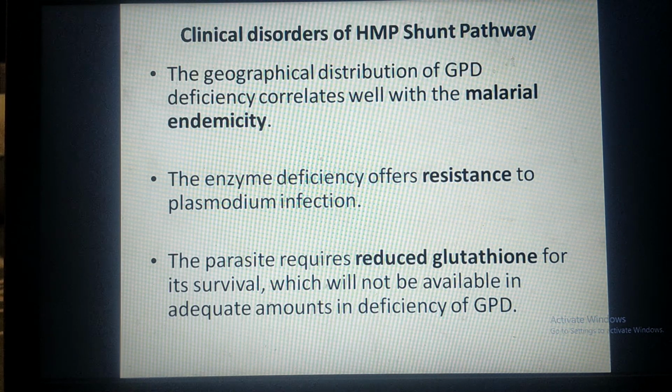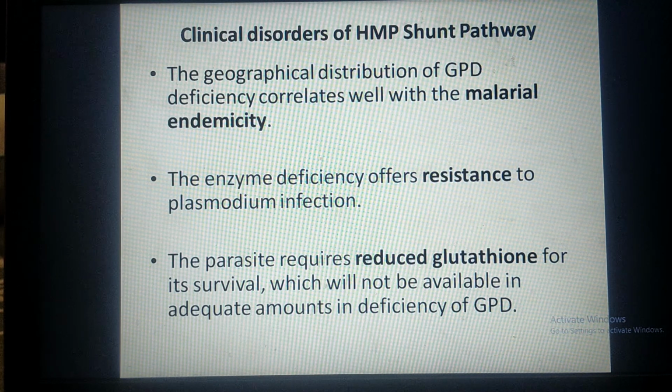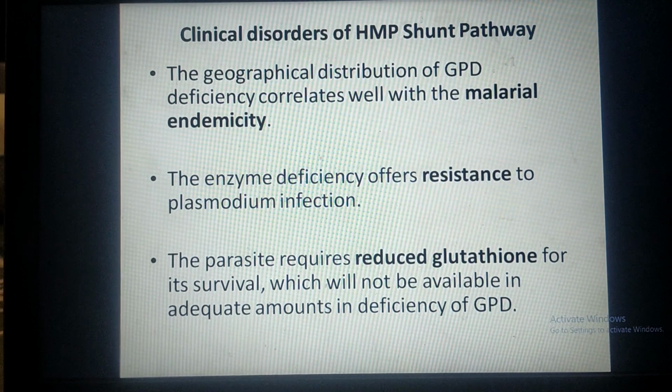But in G6PD deficient persons, the concentration of reduced glutathione is low, and hence the malarial parasite will not survive. This person will not get malaria, or you can say these persons are resistant to plasmodium infection. So in this way G6PD deficiency saves people from malaria.